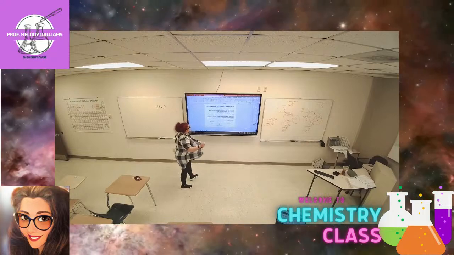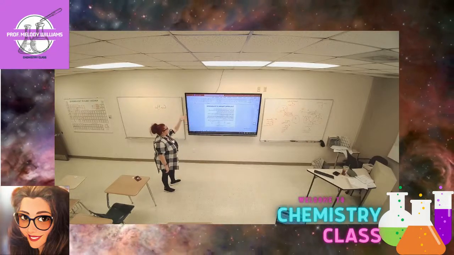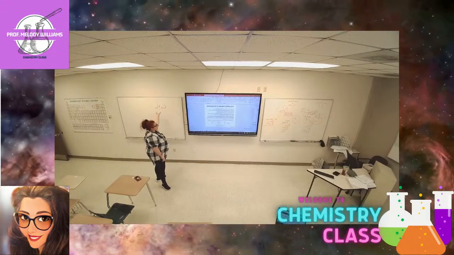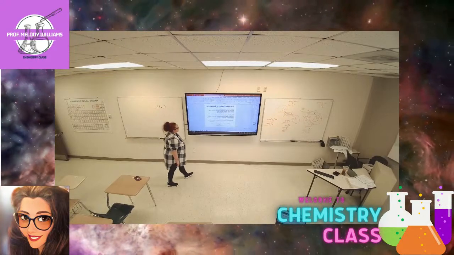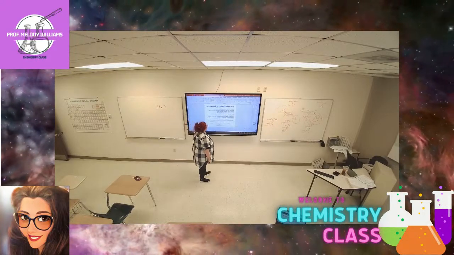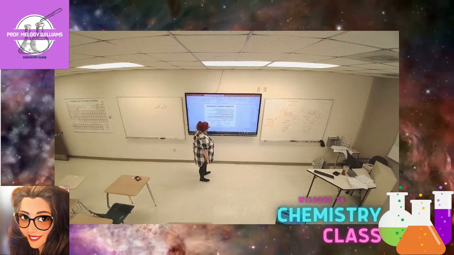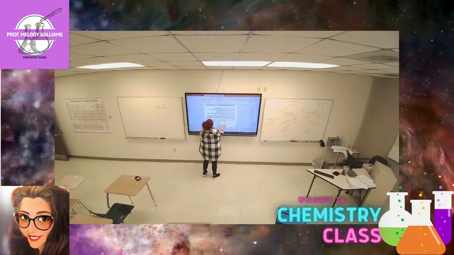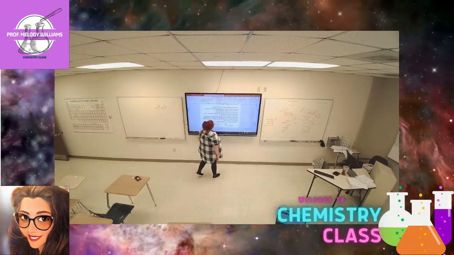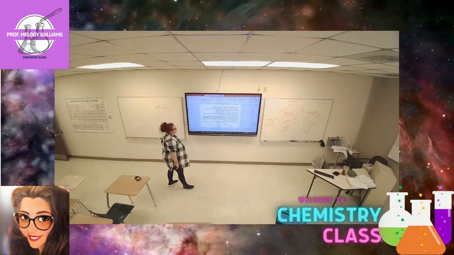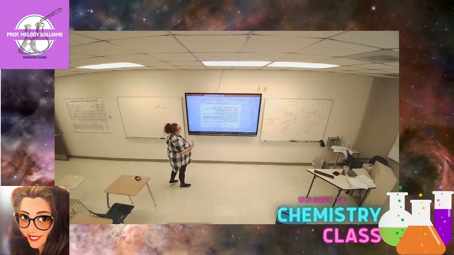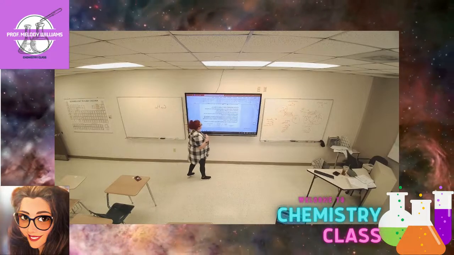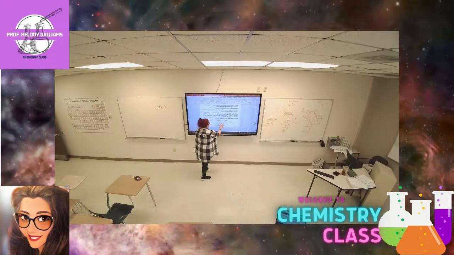Thank you. So an acyclic alkene, CnH2n. So you have twice as many hydrogens as you do carbons. Cycloalkenes also have that same formula. Each pi bond, each double bond, removes 2 hydrogens.